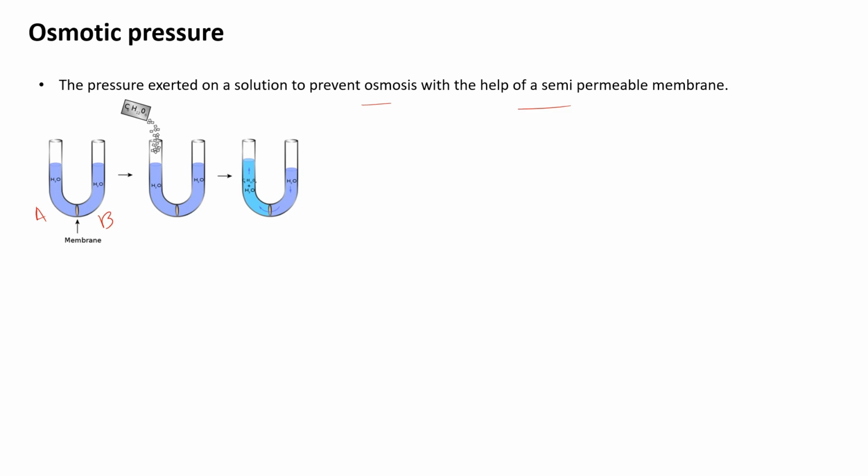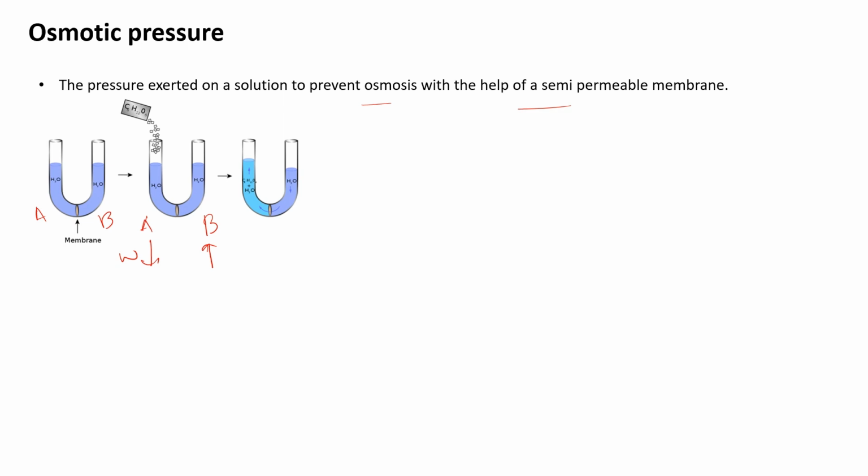So as we are adding solute molecules in this side, what we studied, the more the solute concentration, the water concentration will go down. So in side A, what is happening? Water concentration is going down. So now side B will have more water concentration because here no solute has been added.